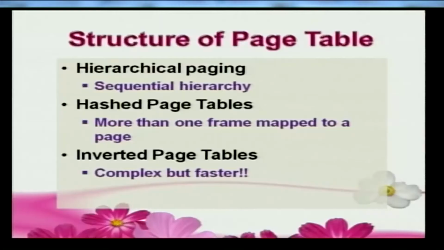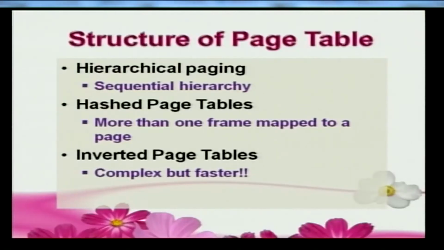Hashed page tables work under the concept of mapping more than one frame to a particular page. Hashing works under the concept of buckets. Every bucket consists of more than one frame and every bucket is mapped to a single entry in the page table. The third, complex and yet another alternate mechanism, is inverted page tables.